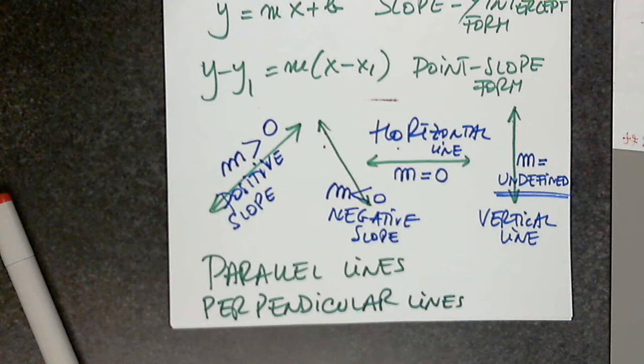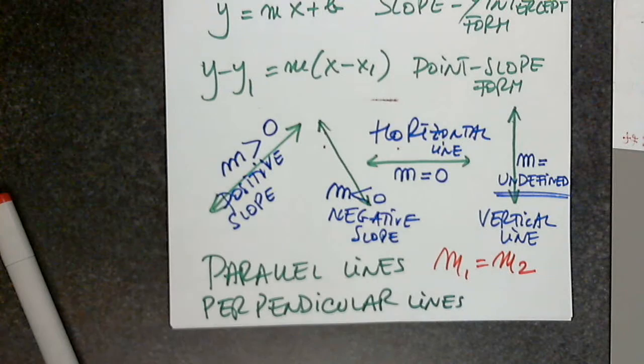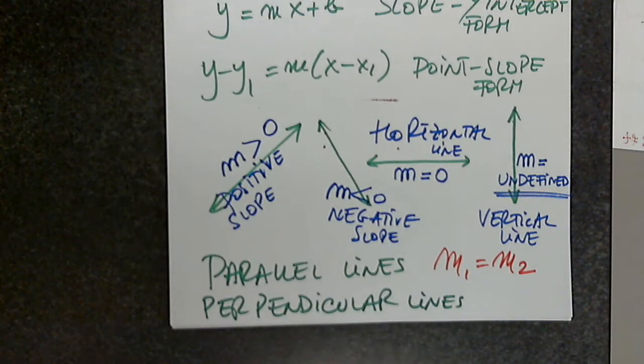They have the same slope. Two lines are parallel if they never intersect, ever, which means they have to have the same slope. So two lines are parallel. They have the same slope.